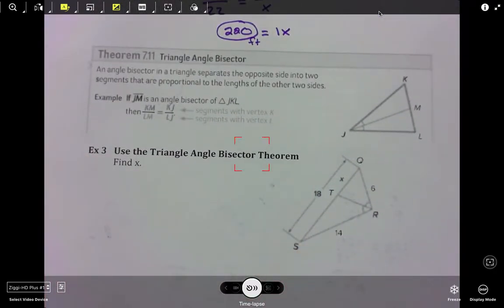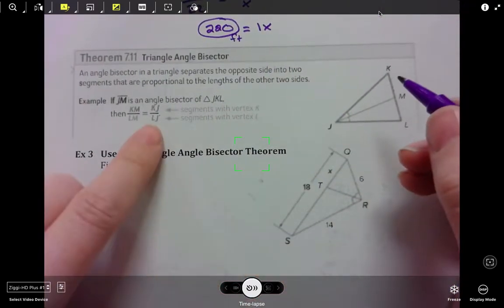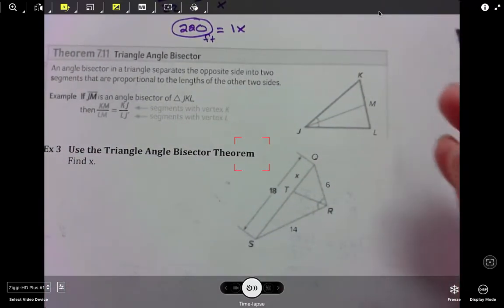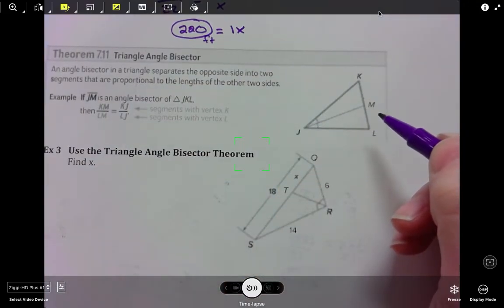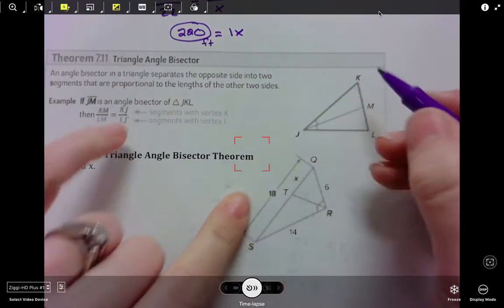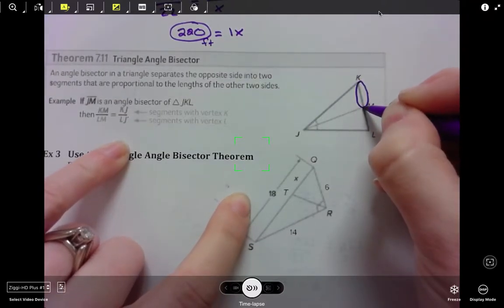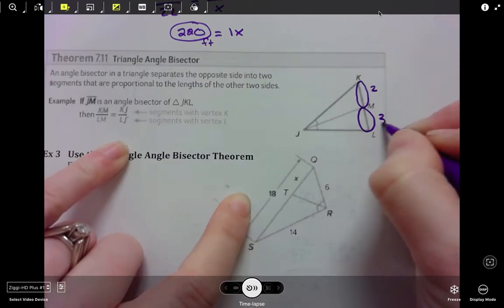Okay? All right. One more theorem, 7.11, is talking about the angle bisectors. Okay, and it says that this is a little bit different than the angle bisector that we had on the front side, okay? Because we're not talking about 2 triangles, we're just talking about 1 triangle. So this one is saying that this length here, KM, whatever that proportion is to ML, so let's say that this is in the proportion of 2 to 3.